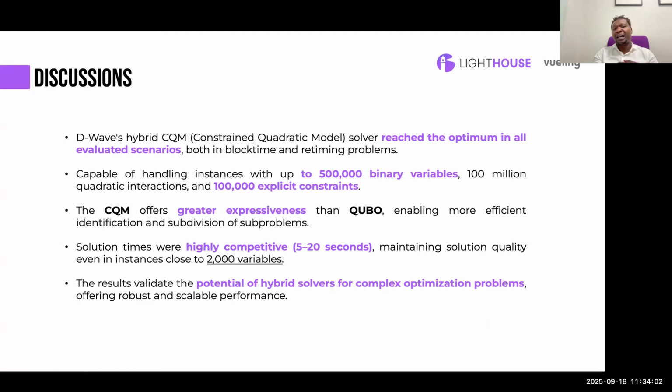Perfect. They deal with a hybrid solver to reach the optimal in all the evaluated scenarios, both block time and retiming. That is important.